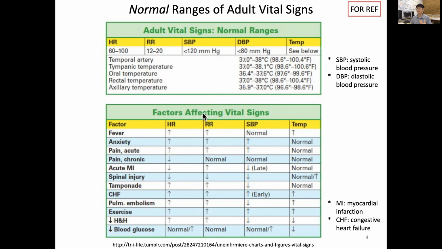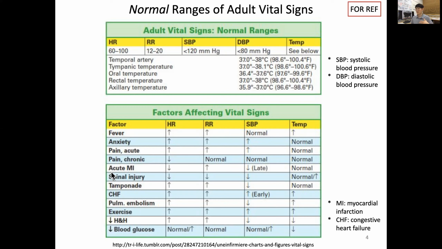Why are these vital signs important? Because there are indications in specific conditions. For example, fever and anxiety make the heart rate high, respiratory rate high, and systolic blood pressure high.